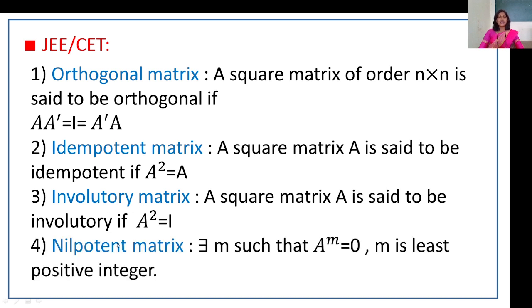Then next is the nilpotent matrix. If A is any matrix and there exists a scalar M such that A raised to M is equal to 0, M being the least positive integer, then this matrix is called a nilpotent matrix.